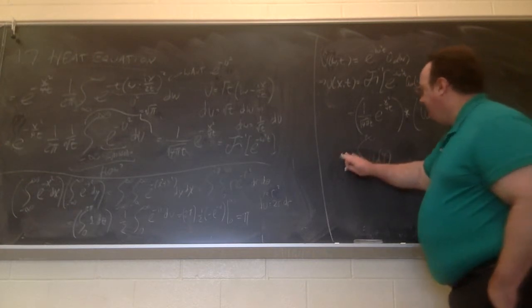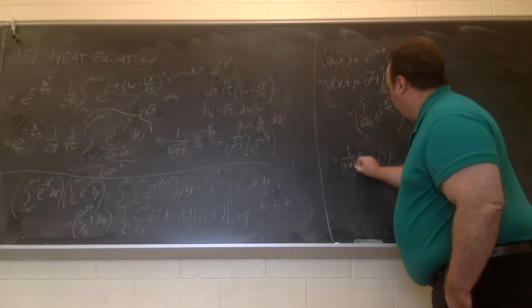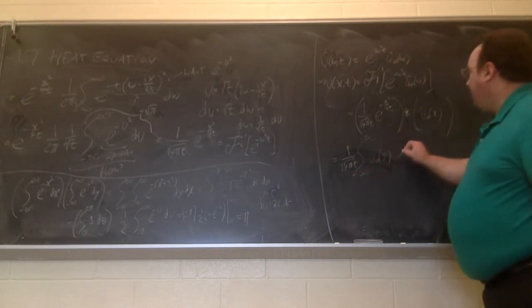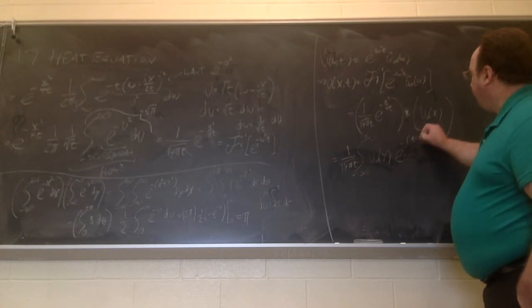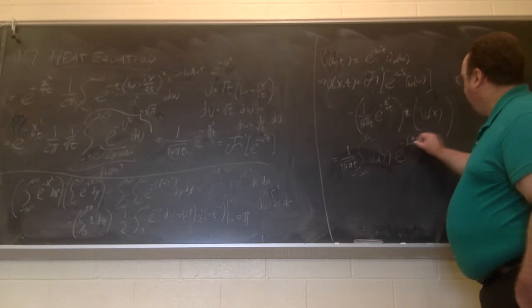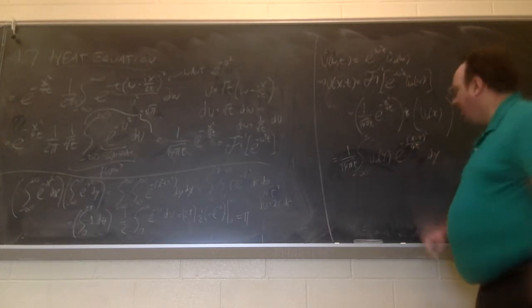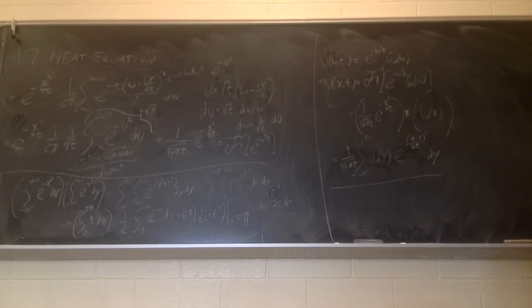Well, the constant factor I'll just move outside. So I have e to the minus, and instead of x, because it's convolution, I'll have x minus y squared over 4t dy. So that is the solution.